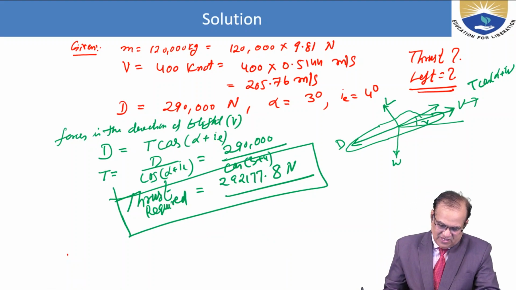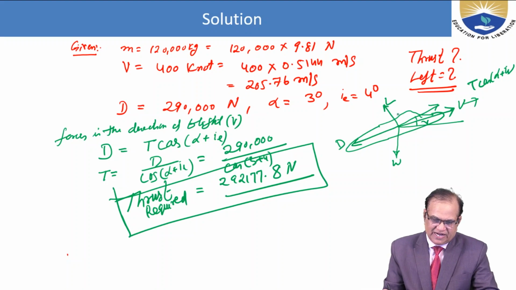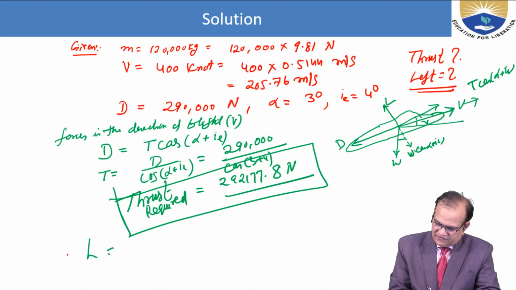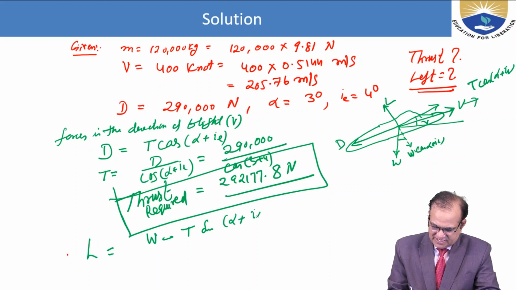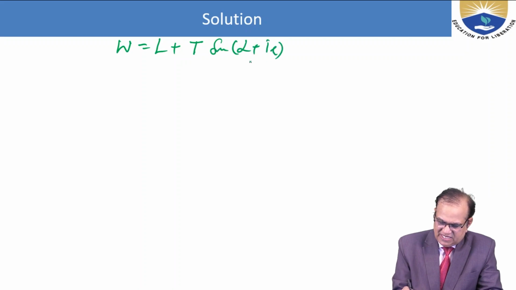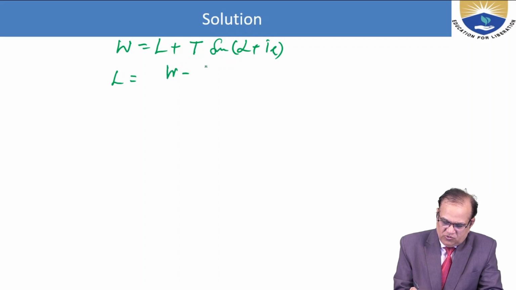Now we will see the perpendicular forces. If you see in this diagram, the weight W is equal to L plus T sine of alpha plus iT, or L is equal to W minus T sine of alpha plus iT.